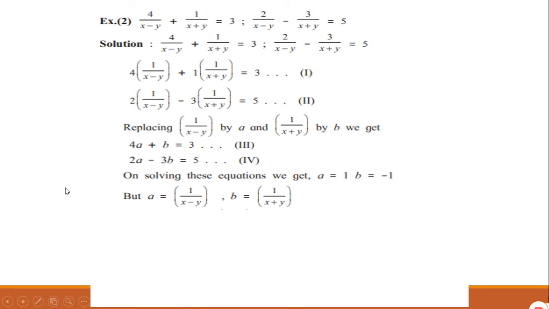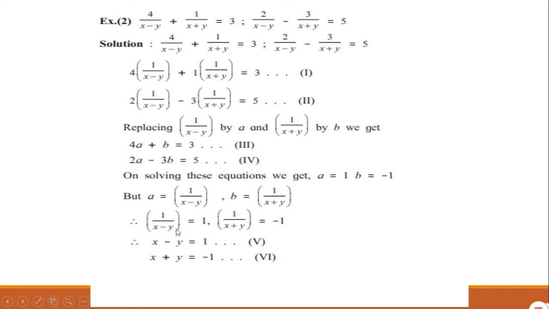Again we get a equal to 1 upon x minus y and b equal to 1 upon x plus y. Put the values of a and b like this. 1 upon x minus y equal to 1, and 1 upon x plus y equal to minus 1. Here b. This is a. Now solve these equations.